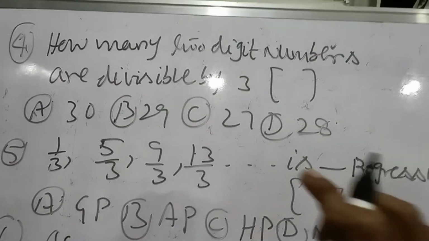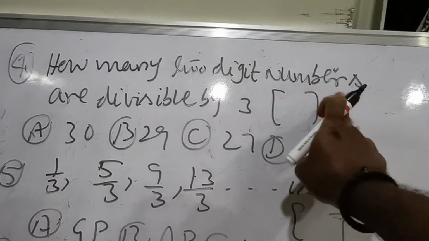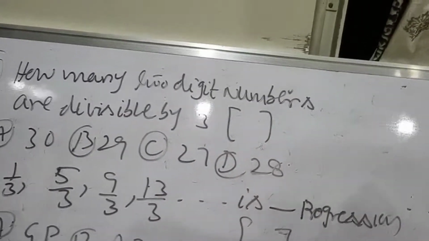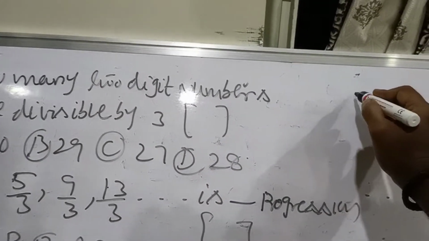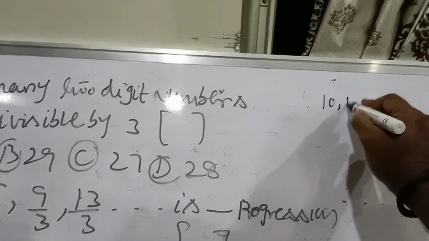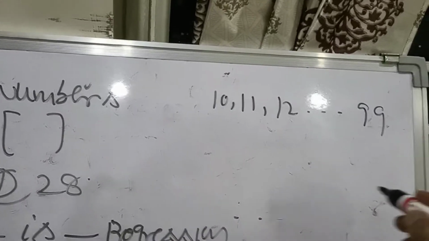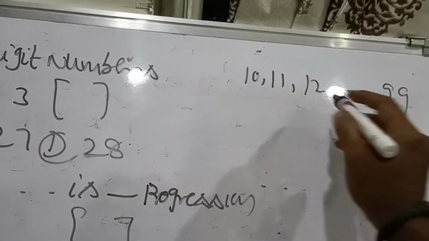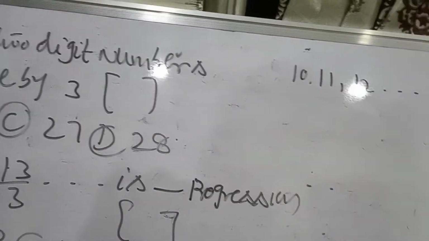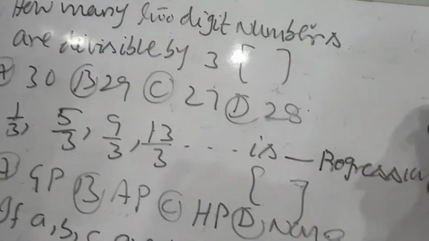How many 2-digit numbers are divisible by 3? Where do 2-digit numbers generally start from? 10 up to 99. But here the 2-digit numbers are to be divisible by 3. That means the first 2-digit number divisible by 3 is 12.